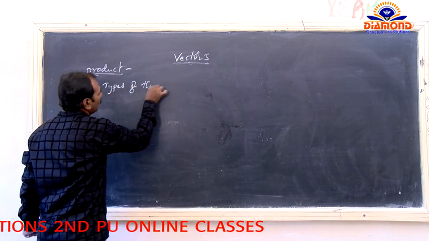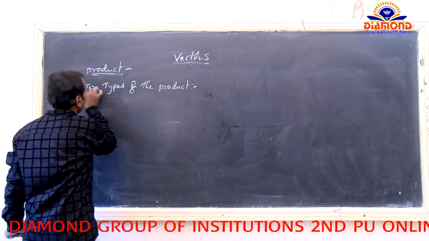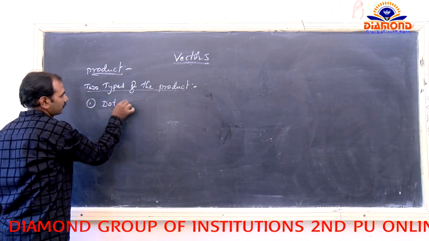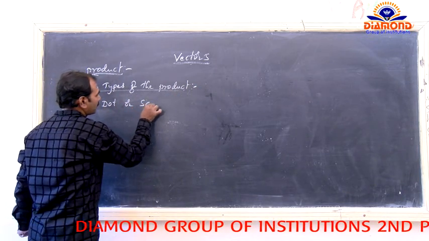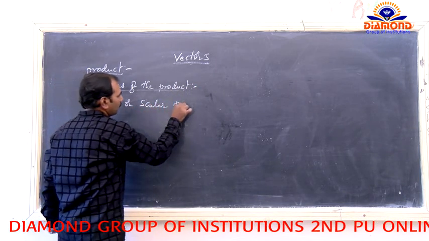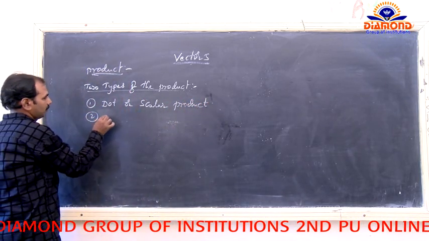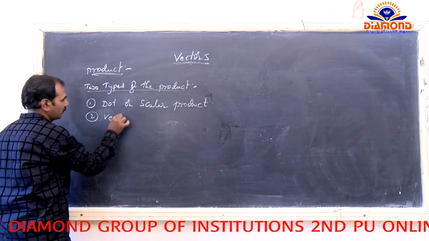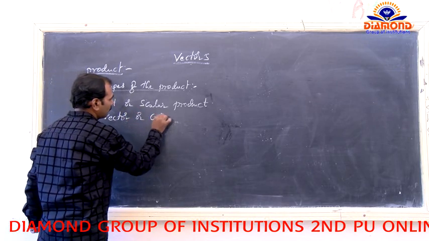The first one is dot product or scalar product. The second one is vector product or cross product.